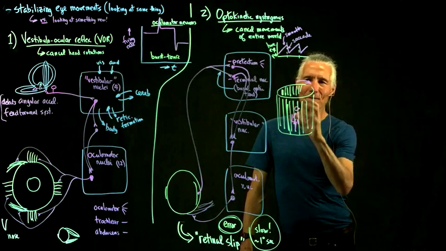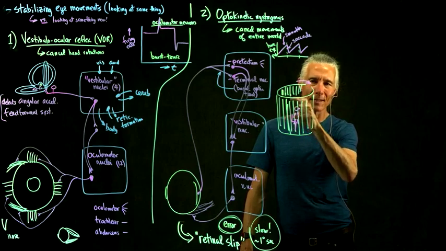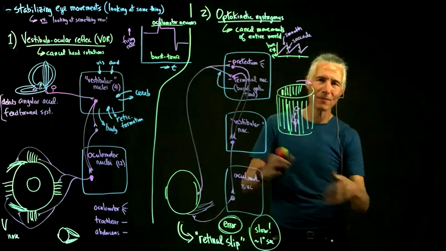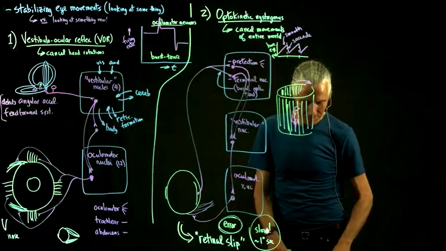So it's a powerful system. It gives you a powerful feeling of self-movement when the whole world moves, and your optokinetic system kicks in and tracks it. And like I said, it's not a high-resolution system. It's just trying to figure out which way the world is moving.